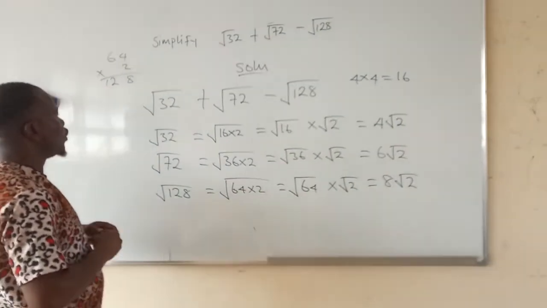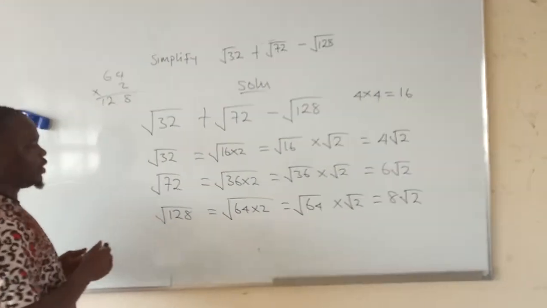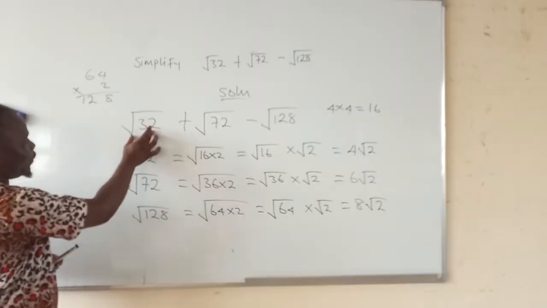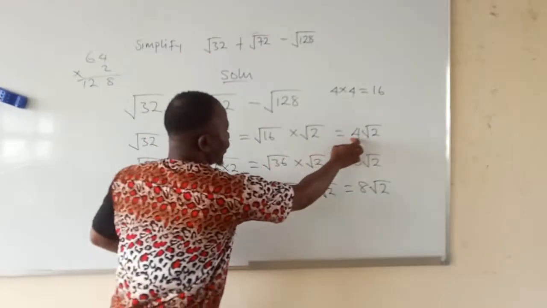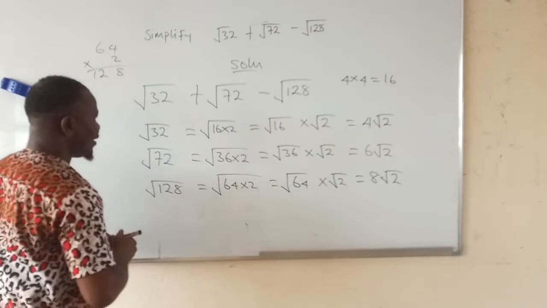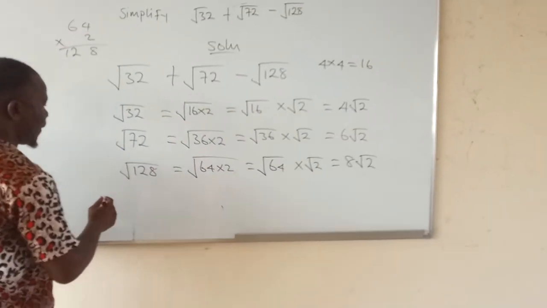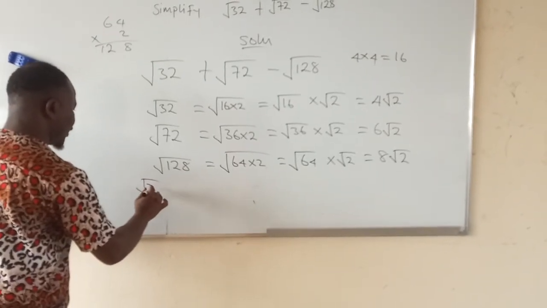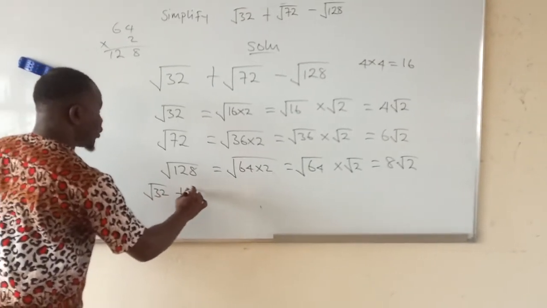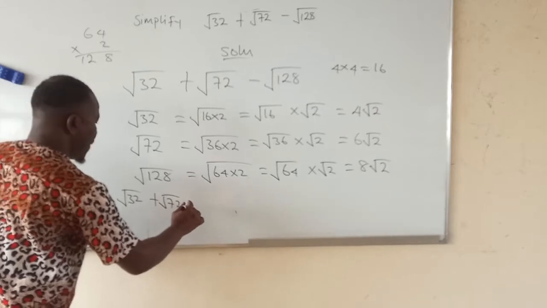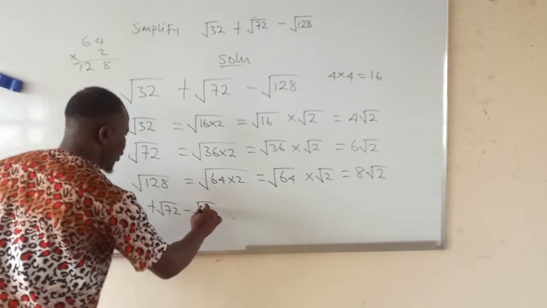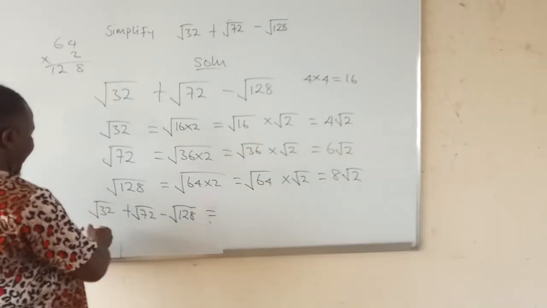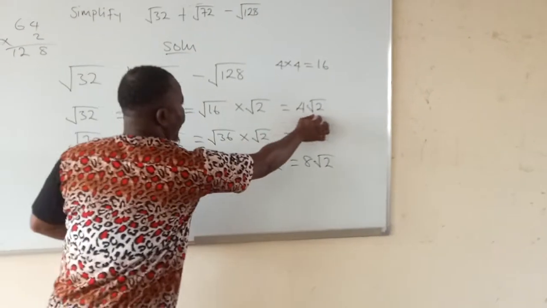So if you agree with me, it implies that instead of square root of 32, we are going to write 4 root 2. So let us write it down: square root of 32 plus square root of 72 minus square root of 128 is equal to, instead of 32, we are going to write 4 root 2.